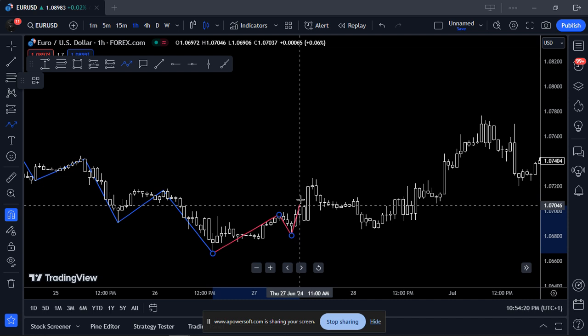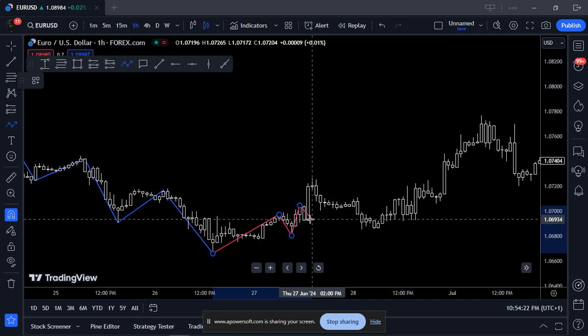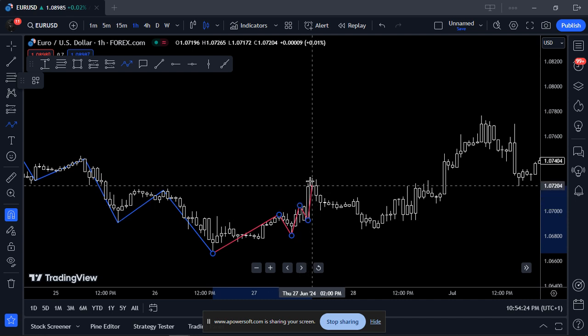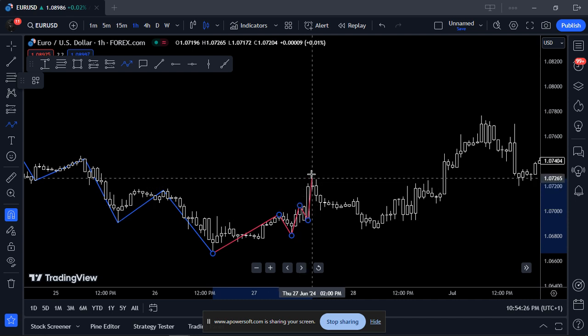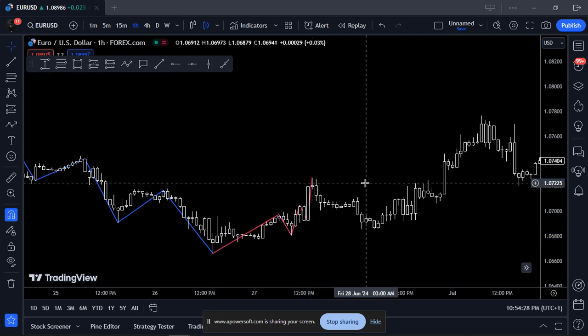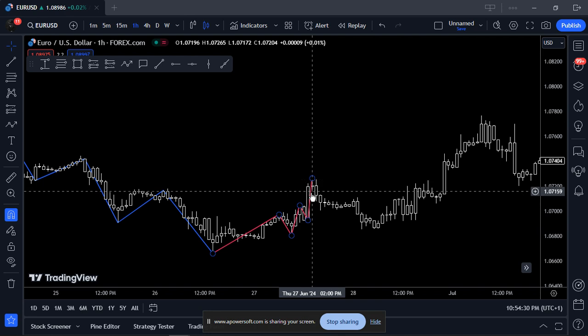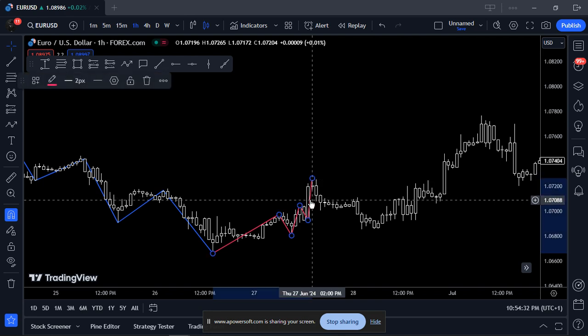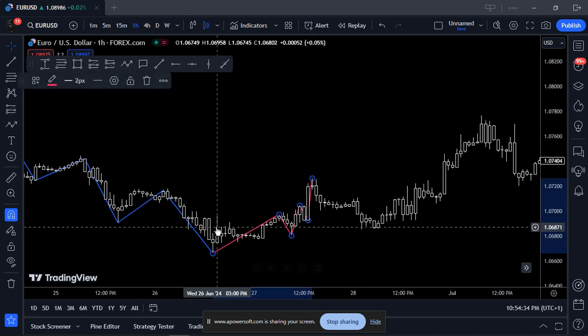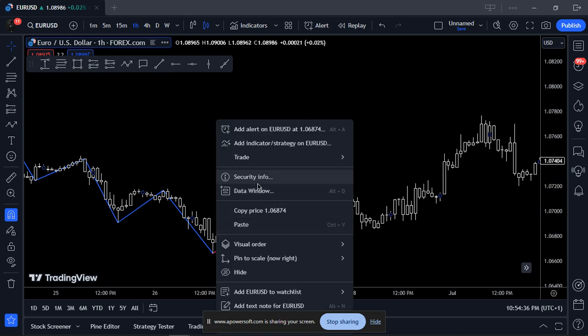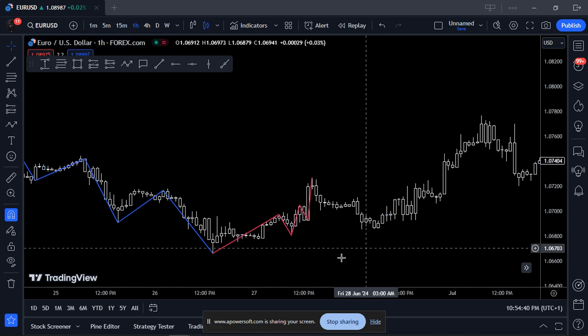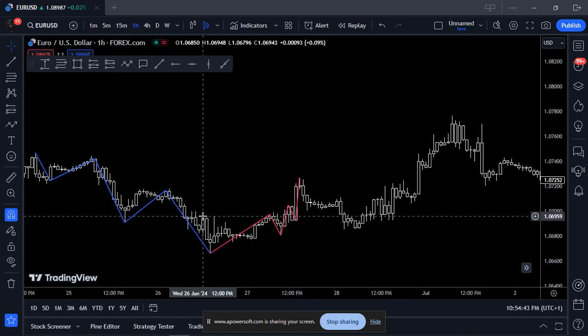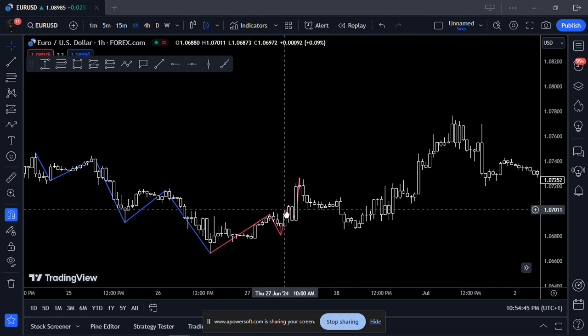If you see, you see these higher highs and higher lows. Now we can see it properly. It creates its higher highs and higher lows.